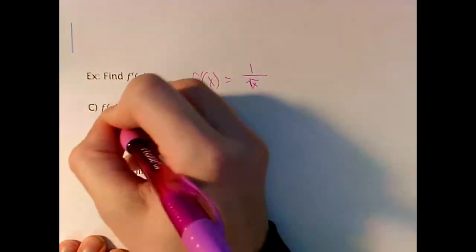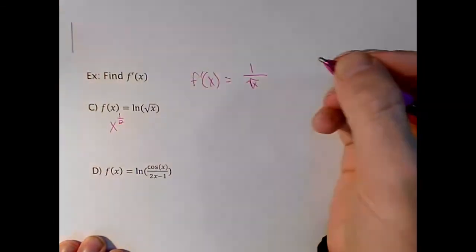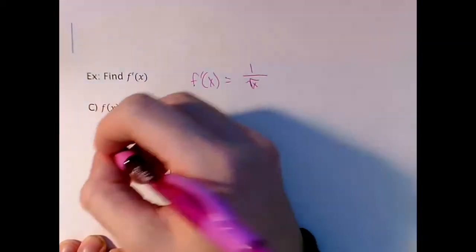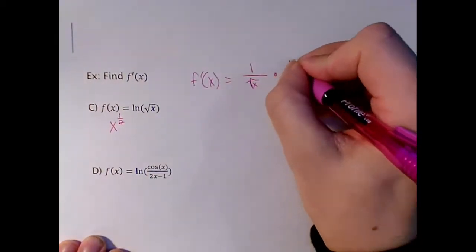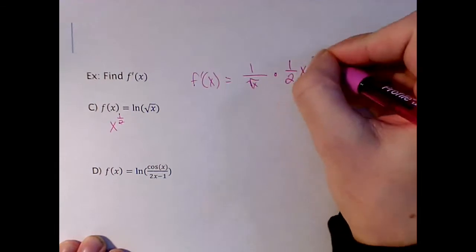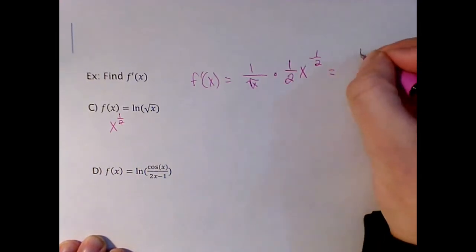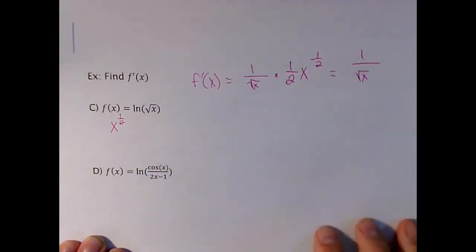I'm going to view it as x to the 1/2. So when I multiply everything times the derivative of x to the 1/2, that becomes 1/2 x to the negative 1/2, which looks like this, 1 over root x.